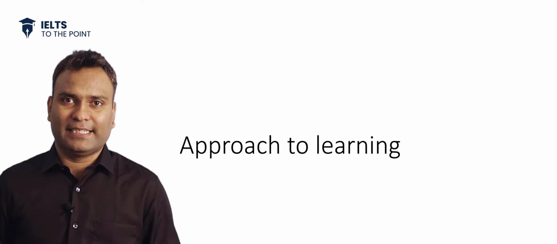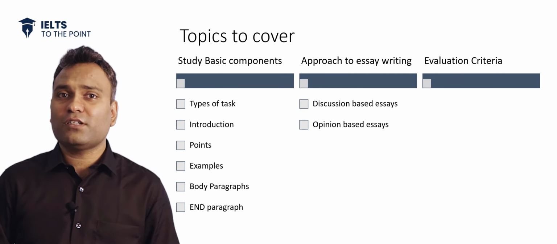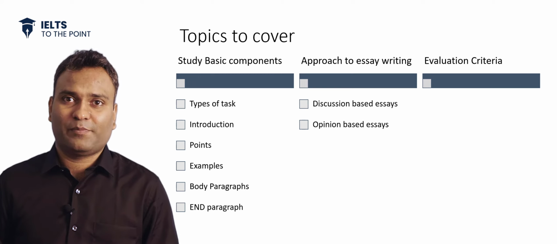Now that we have understood the overall structure of the essay and the evaluation criteria, we will now discuss the overall approach to learning writing task 2 in the rest of the chapters. There are 3 stages of learning how to write an essay on IELTS. In the first stage, we will learn about the basic components of the essay.